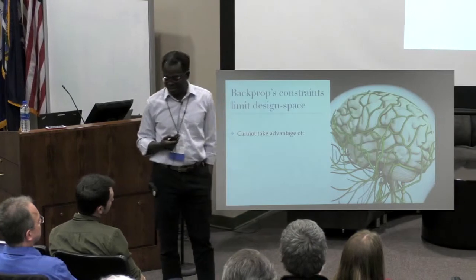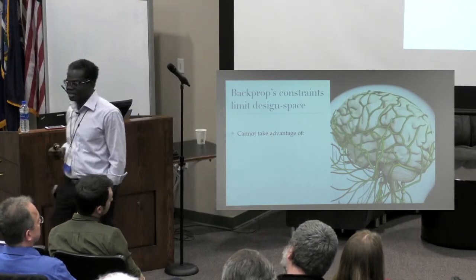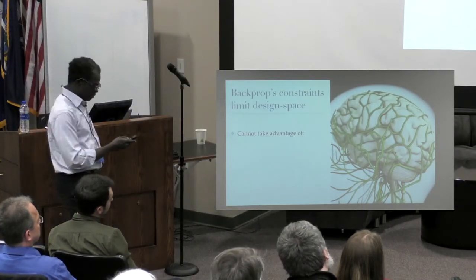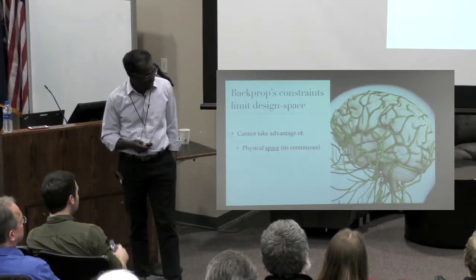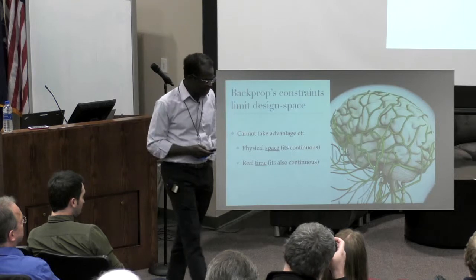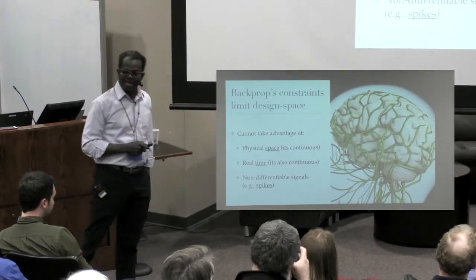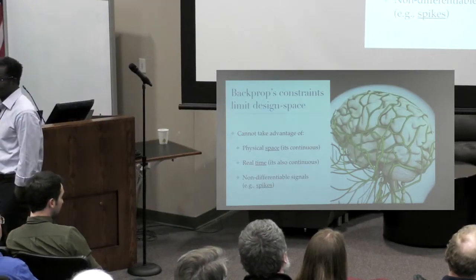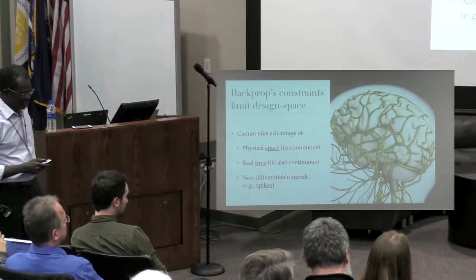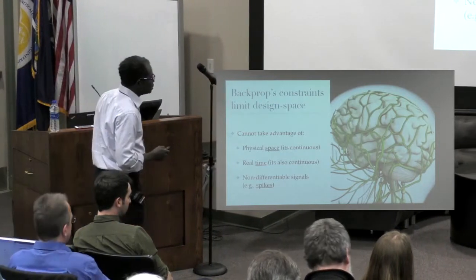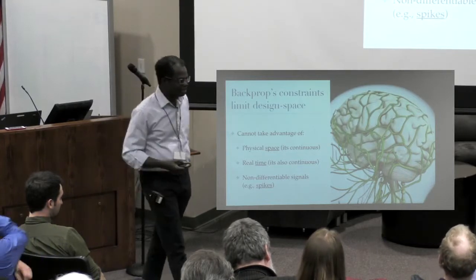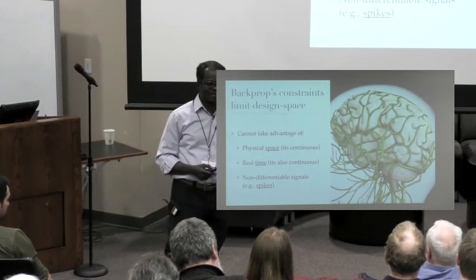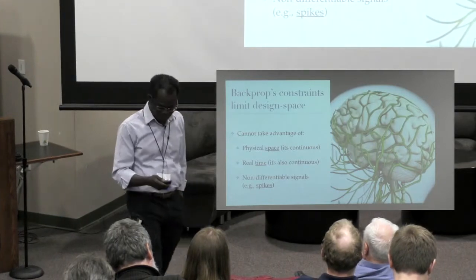It is very different from the design space in which biology evolved, because they cannot take advantage of physical space, which is continuous. They can't take advantage of real time, which is continuous. And they can't take advantage of non-differentiable signals. Spikes are non-differentiable. And as a hardware designer, we like to take advantage of physical stuff. That's what we build stuff with, and that's what biology works with as well.